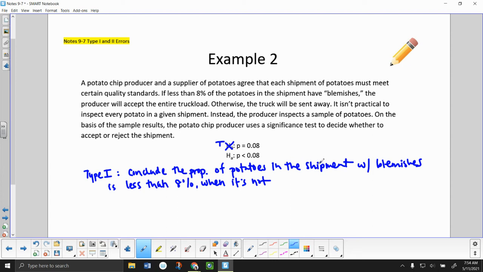Conclude the proportion of potatoes in the shipment with blemishes is less than 8% when it's not. So it's either equal or more than.